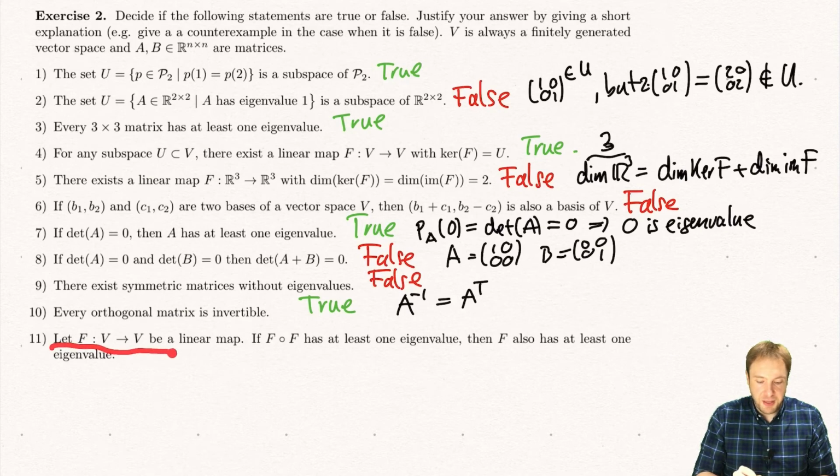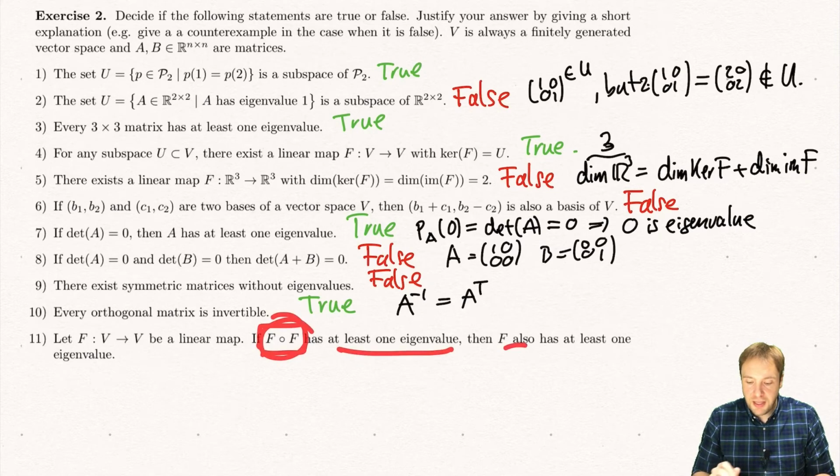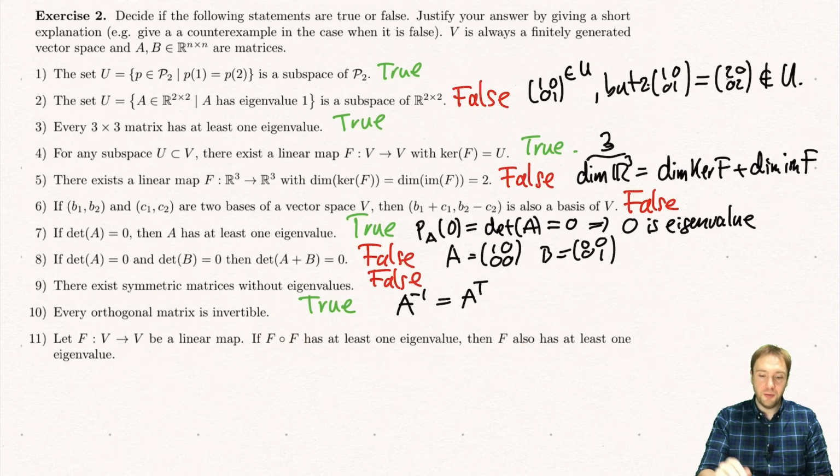And the last one: if I have a linear map F, and I compose this, so I apply this map twice, and if this has at least one eigenvalue, then F also has at least one eigenvalue.